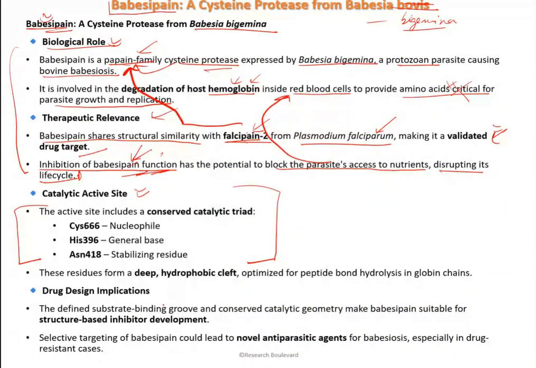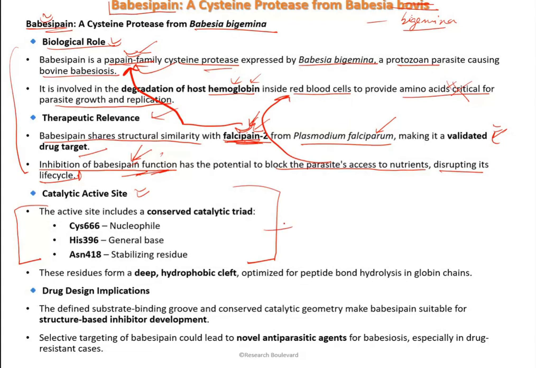You can do a multiple alignment and see where the conserved residues are, based on the study of previously validated proteins. In this case, we did a study on falcipain-2 and some other established enzymes of the papain family, and then we came up with this particular catalytic region.